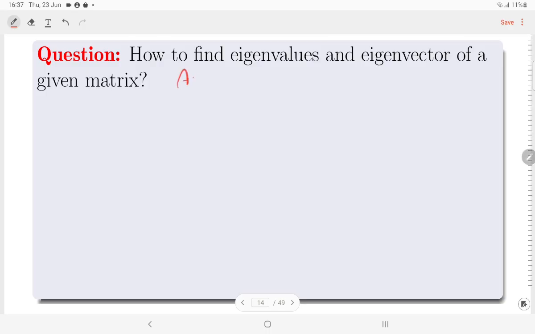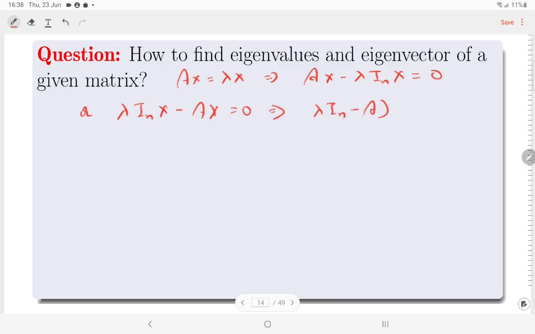I know that Ax is equal to lambda x. I can write it down as either Ax minus lambda In x, where In is the identity matrix, is equal to 0, or you can write lambda In x minus Ax is equal to 0. Yes, I have to introduce the identity matrix, otherwise I cannot subtract lambda x from Ax, and this leads me to (lambda In minus A)x is equal to 0.